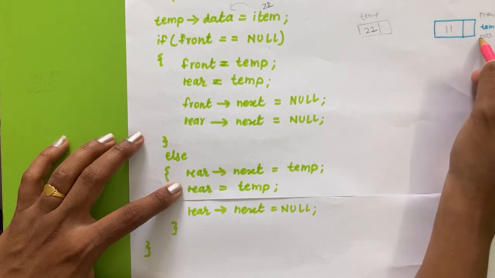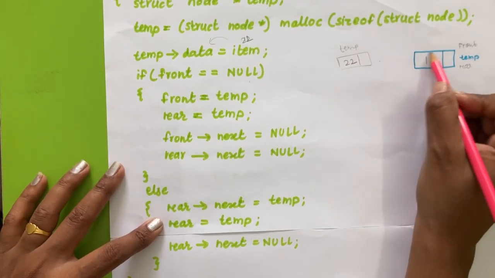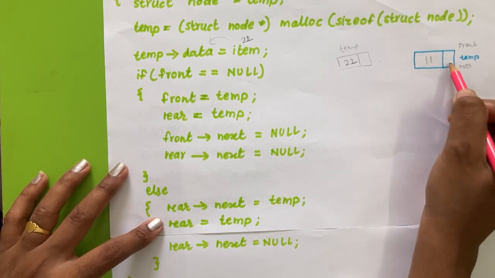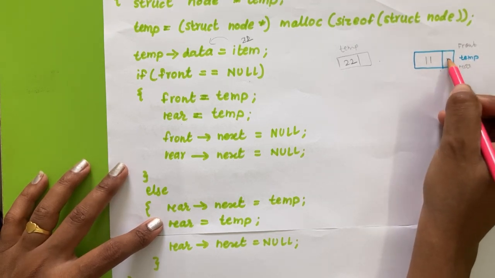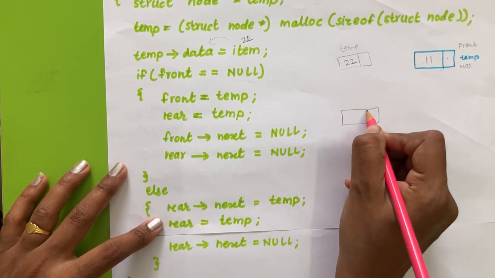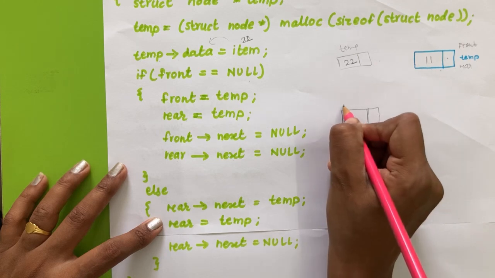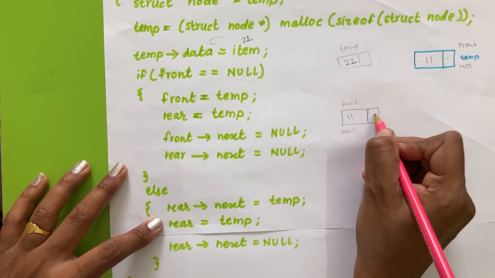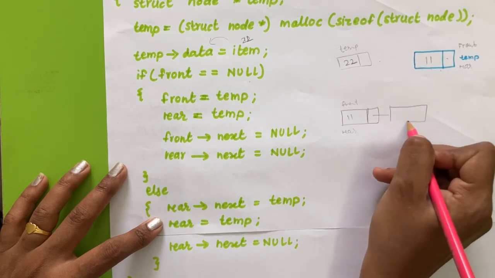So here rear will get updated as rear->next equal to temp. Now my value of rear is this 11 node. Now we will assign the next pointer of this rear to the temporary node. So the structure will be like this: this is my front as well as rear node. Now its next field will point to this new temporary node.